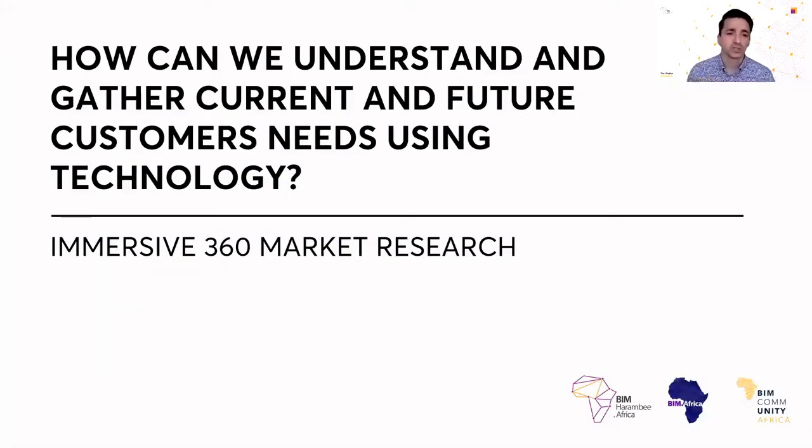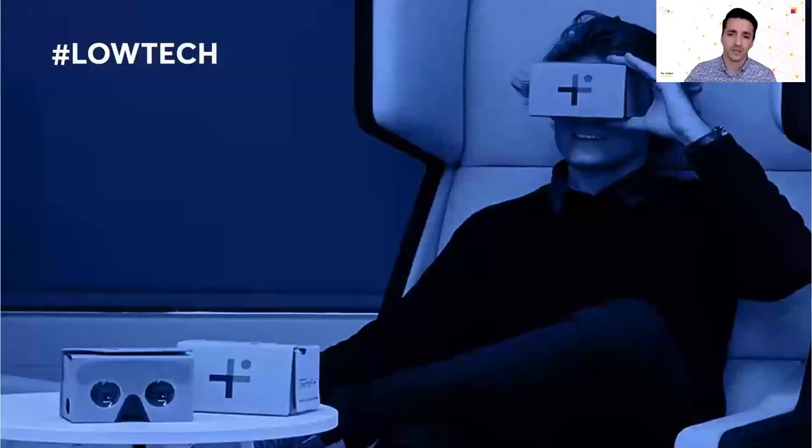Another question is, how can we understand and gather current and future customer needs using technology? So this is another example of how we can reach 1,000 people and test different ideas to understand better what things they're looking for.